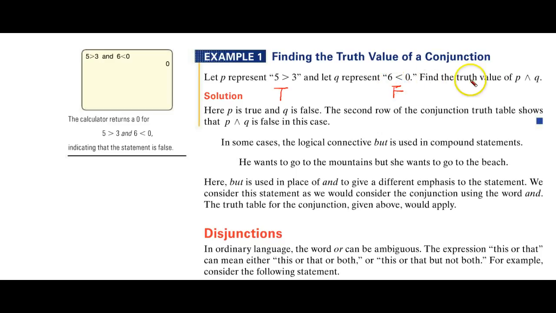So find the truth value of this conjunction. Well, in order for this conjunction to be true, both must be true. It's obvious that they're not both true, so this is false. And if you went to the second row of the conjunction truth table, it shows that is the case.